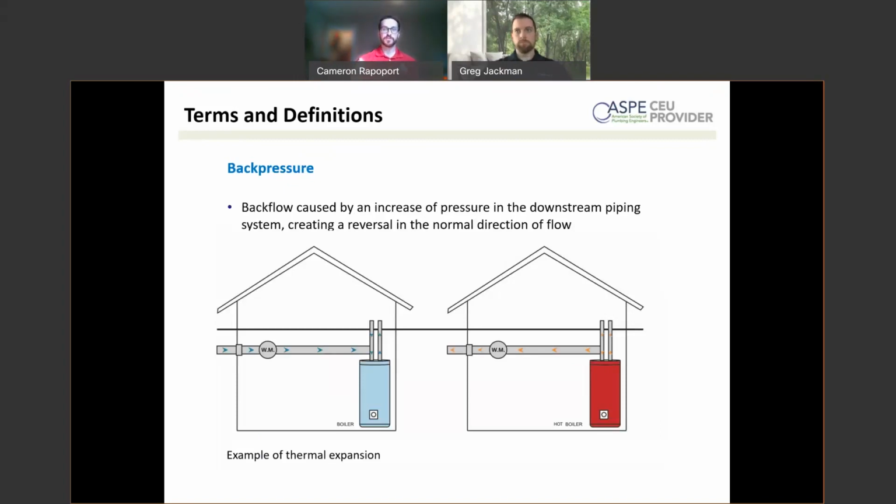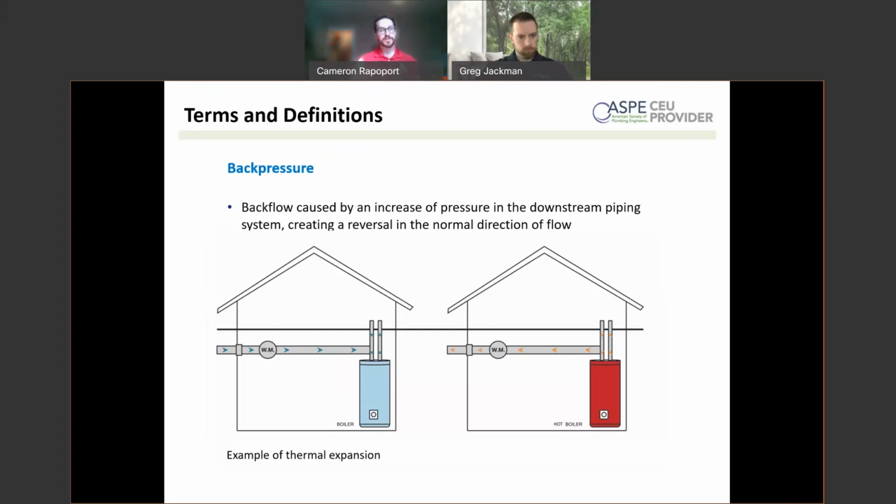So if back siphonage is a pull from the supply side, you can get a push from the downstream side, which is back pressure. It's when you have a higher pressure downstream in that non-potable system than you do upstream in the potable source. So in this case, thermal expansion, very common in fire sprinkler systems. This particular example is a boiler, but you could easily replace it with a fire sprinkler.